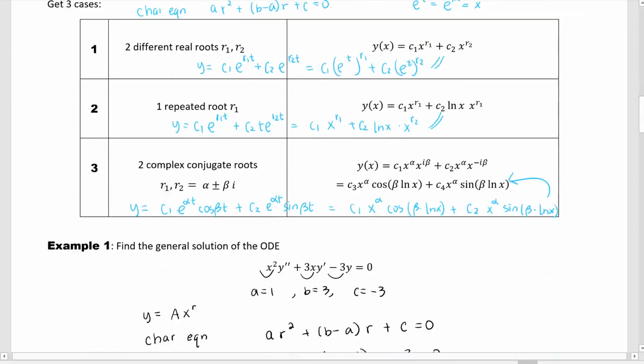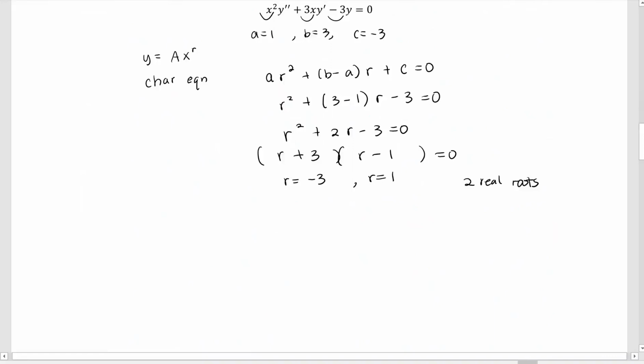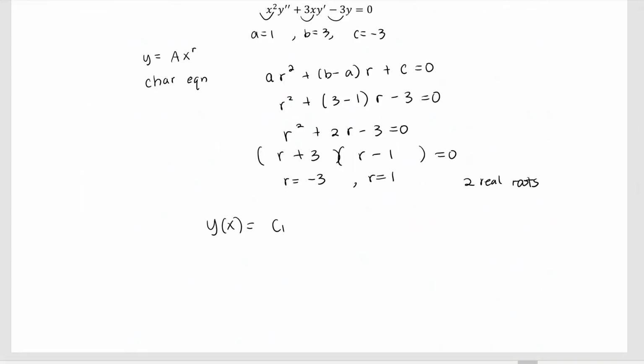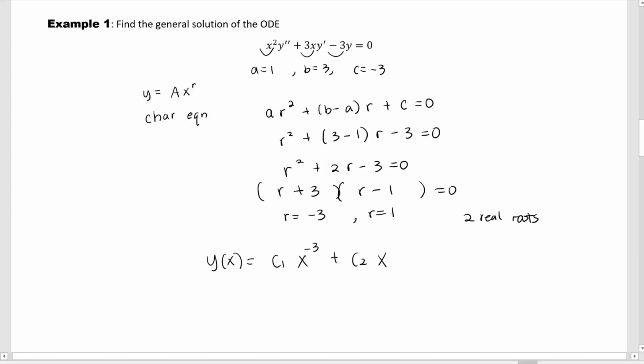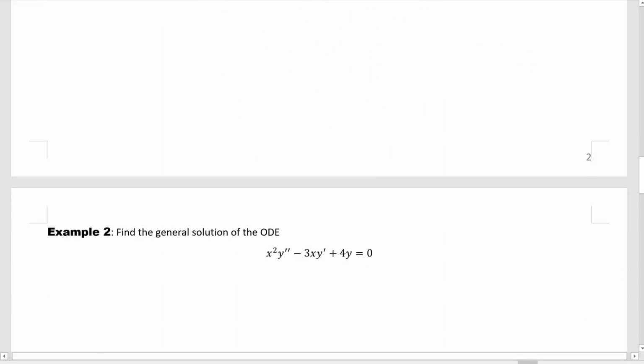So we have C1 x to the r1 plus C2 x to the 1, which is just x. This is our solution. Because we don't have initial conditions, we don't need to solve for the constants C1 and C2. All right, so that is example 1.